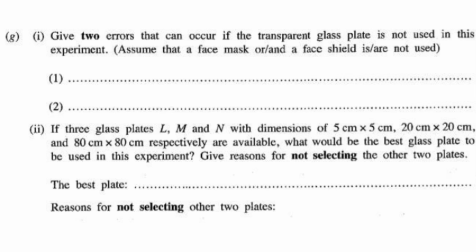Then part G, 1. Give two errors that can occur if the transparent glass plate is not used in the experiment. Assume that the face mask and face shield are not used.